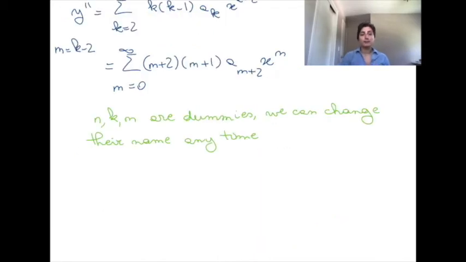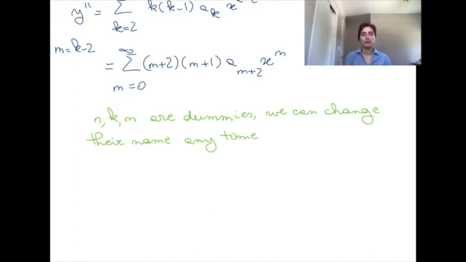We do the same thing for the second derivative. We find that the second derivative is the sum from k equals 2 to infinity of k times (k minus 1) times a_k times x to the power k minus 2. And I changed the index of the sum. Now I want the sum to go from 0 to infinity.